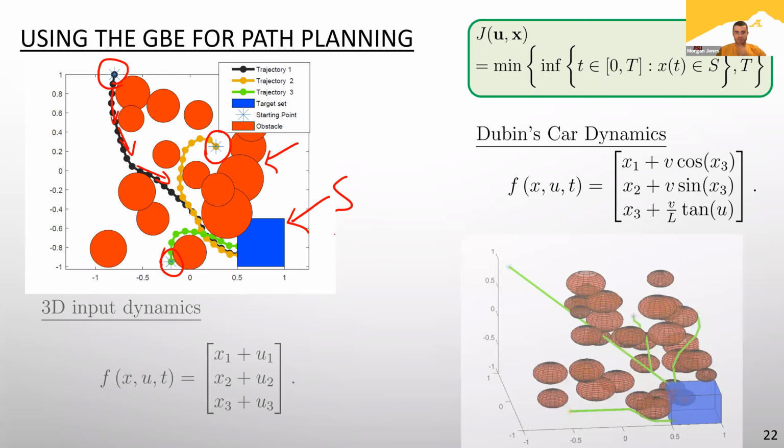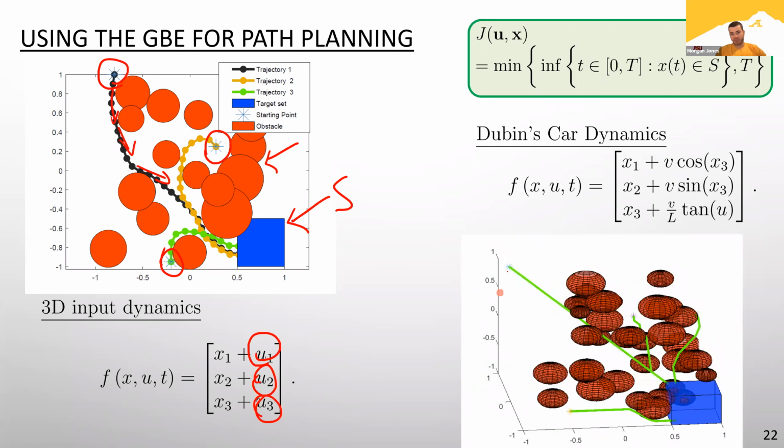And we also did the same thing for different dynamics. Now there's 3 inputs, and this is in 3 dimensions. And the graph on the right shows various initial conditions and the control and the input sequence driving the dynamics to the goal set, which is this square blue region.